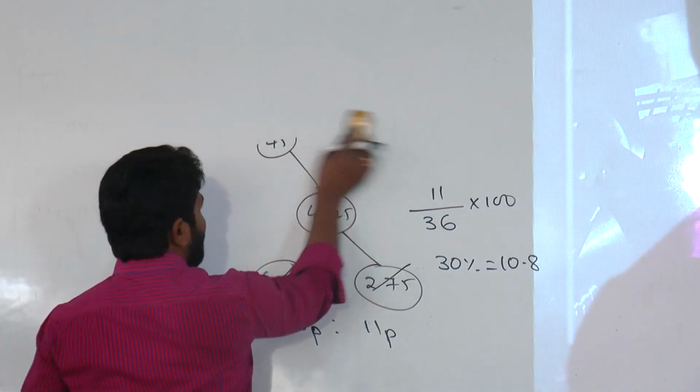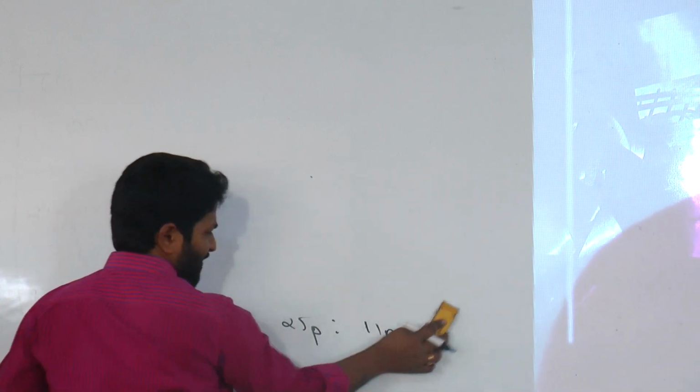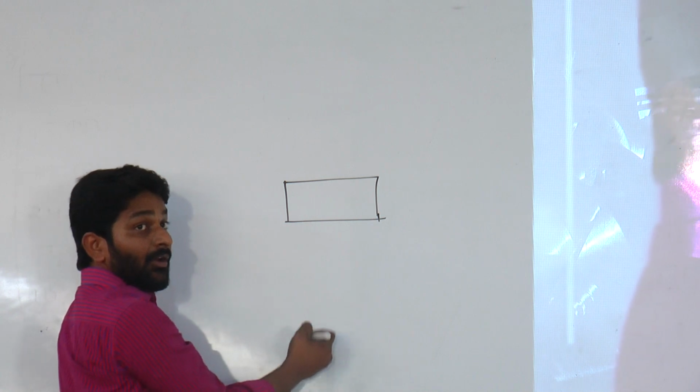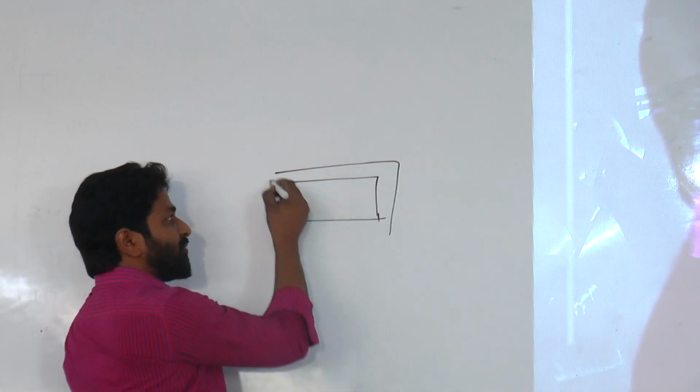How many types of models will be there in this particular question? Rectangular plot having lawn or crossroads. How many models? 3 models. Here is your rectangular plot. Your road can be outside the plot. This is one model.